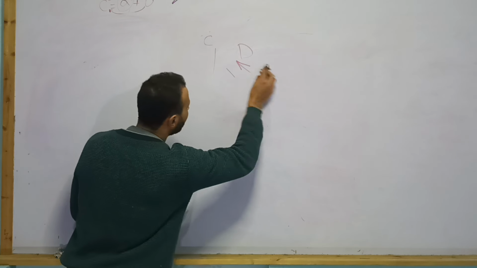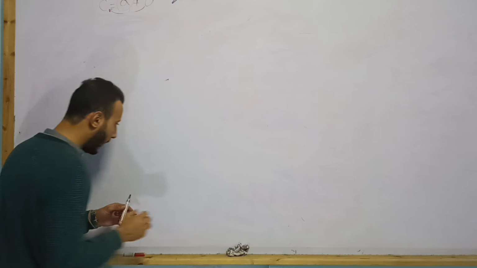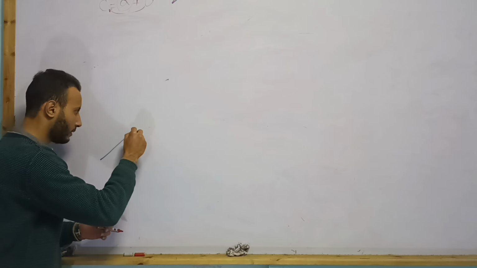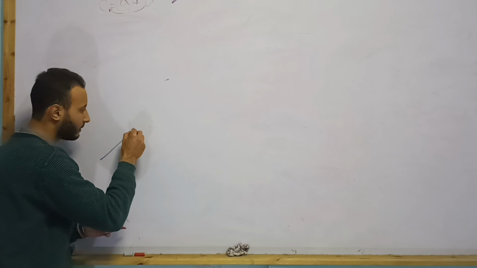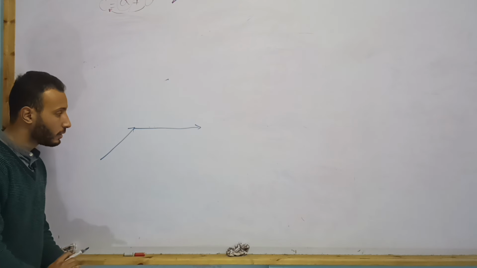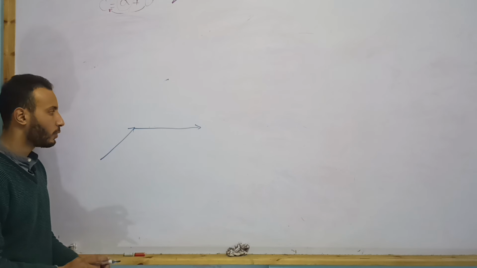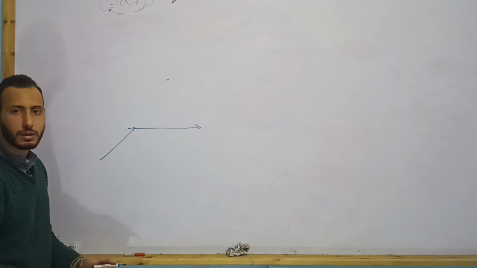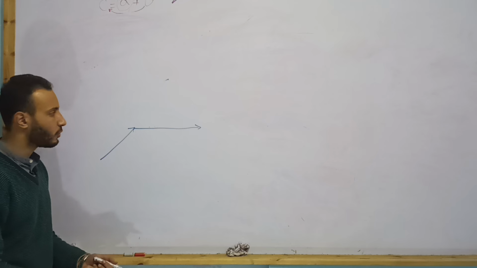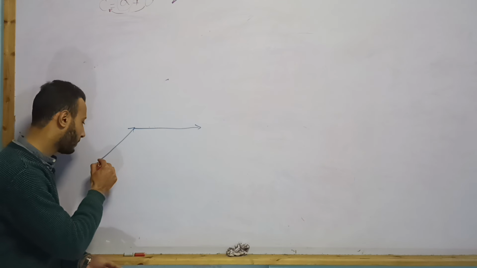I said before, what if you have a vector like this and then like this? Okay, so these two vectors are not perpendicular. They don't have a right angle, so the resultant will be like this.